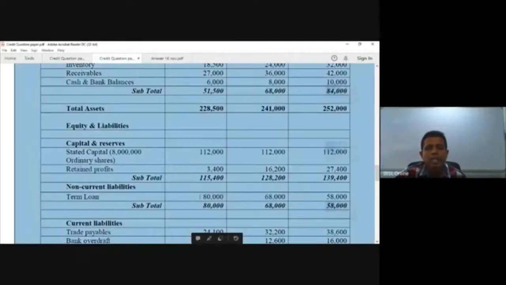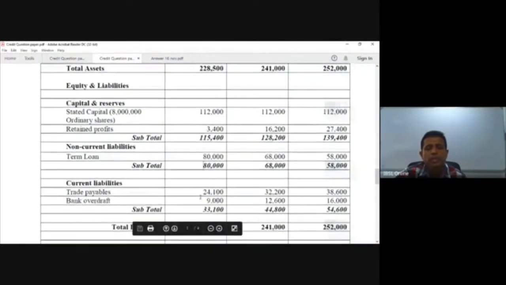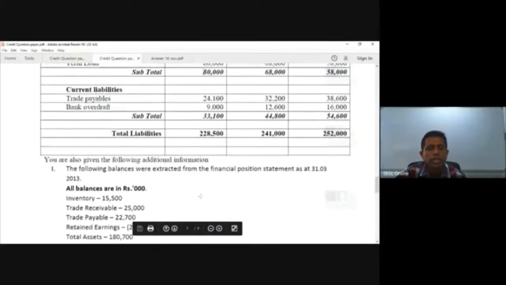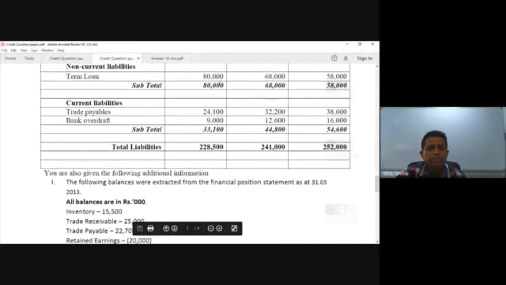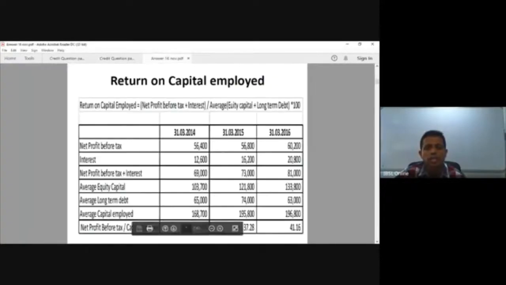And in order to calculate the average one, you need the 2013 figure also. For 2013, they have given term loan 50,000. 50,000 plus 80,000, then it will be 130,000 divided by 2. 65,000. That's how I took 65,000 here.